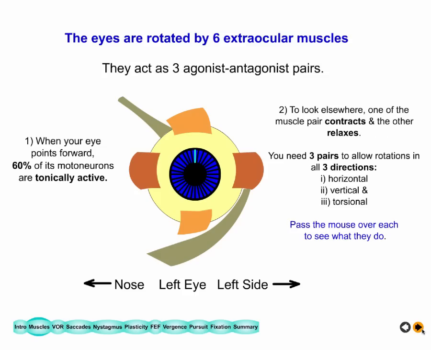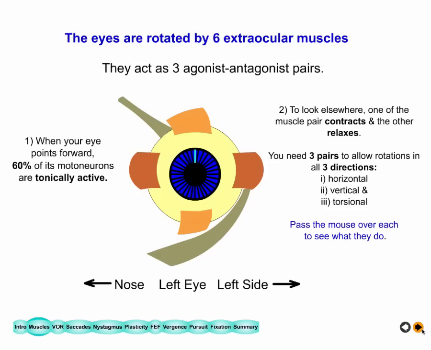But they pull equally in all directions, and so your eye remains stable. Now, if you want to look anywhere but the center, what you have to do is contract one muscle and relax its counterpart. So they act in pairs.